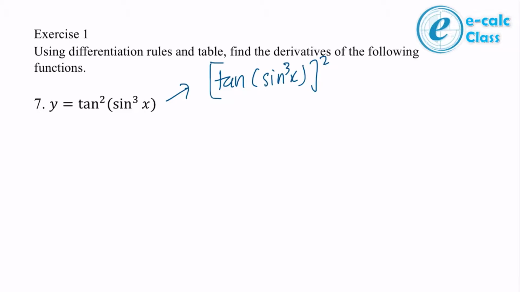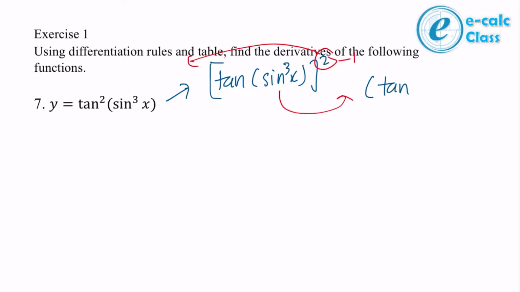Means you can bring down the power, minus 1, then you go and differentiate whatever inside. Okay? If you want to do chain rule, it involves at least 1, 2, 3, at least 4 layers. So no need, you just directly do. But I will just tell you what I'm doing here.